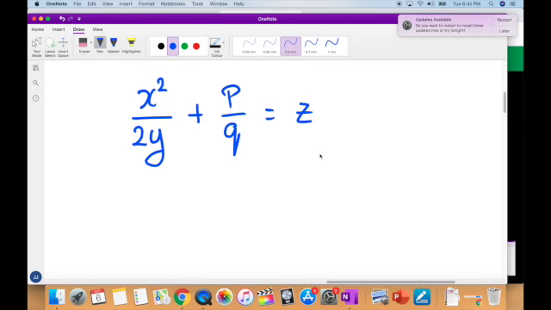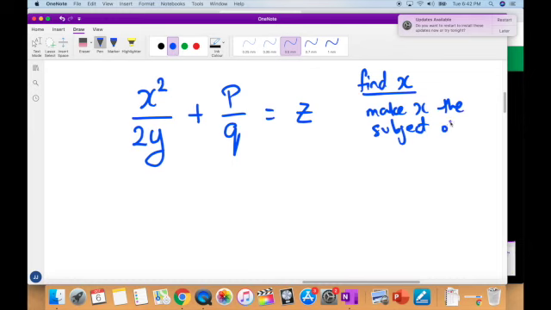And I want x. Find x. In other words, make x the subject of the formula. So how am I going to do this now? What should I do first?